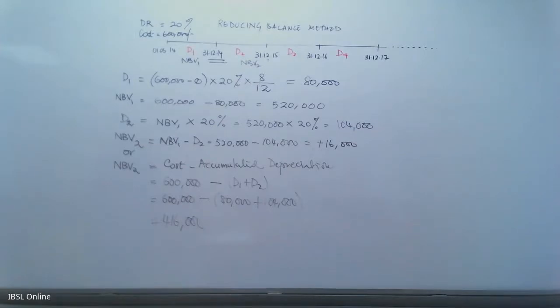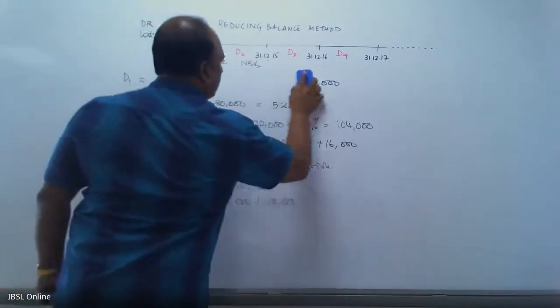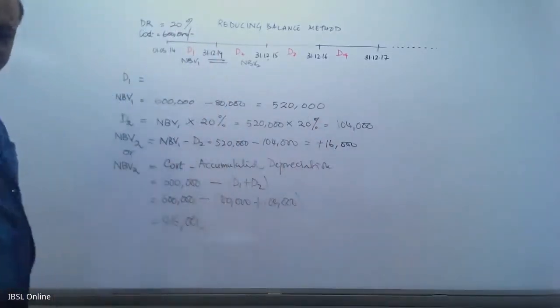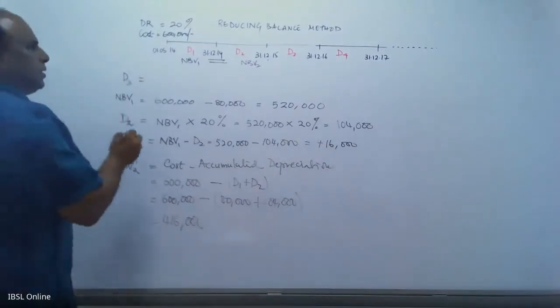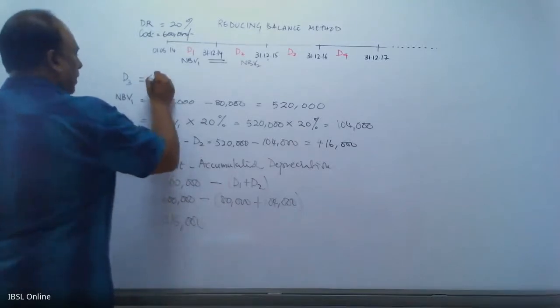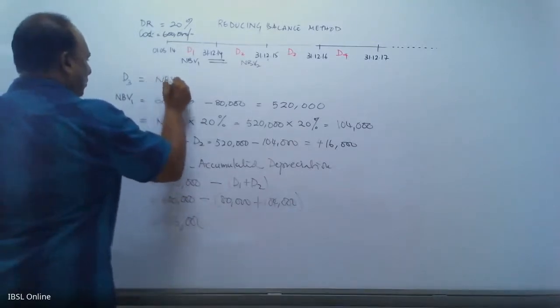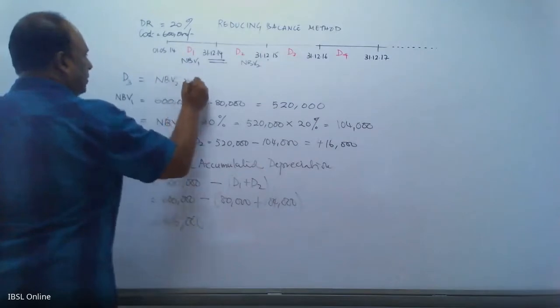D3. What is D3? I don't have space, so I'm going to raise this. D3 will be NBV2 into 20%. Correct?